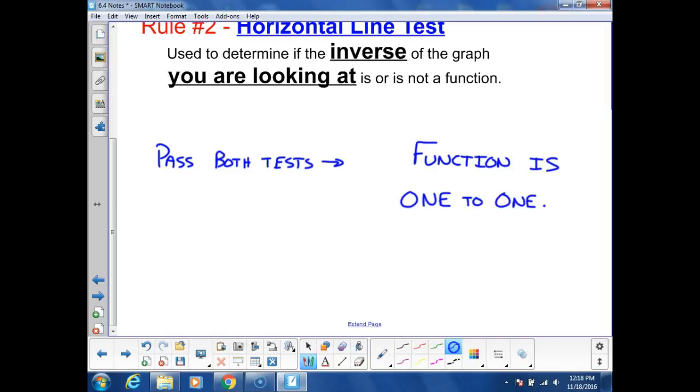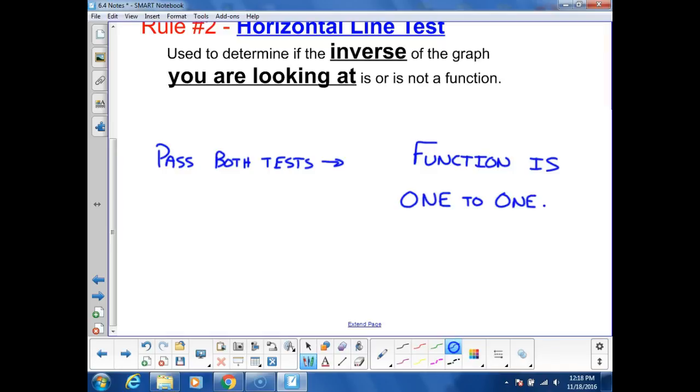It's a special kind of function, and that special kind of function is every x will give me a unique y. There's no repeats in the x's. That's what makes it a function. And there's no repeats in the y's. So that's what makes it 1 to 1. Each x gives me a unique y.